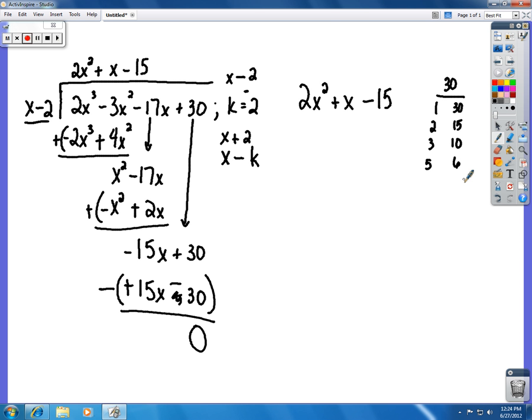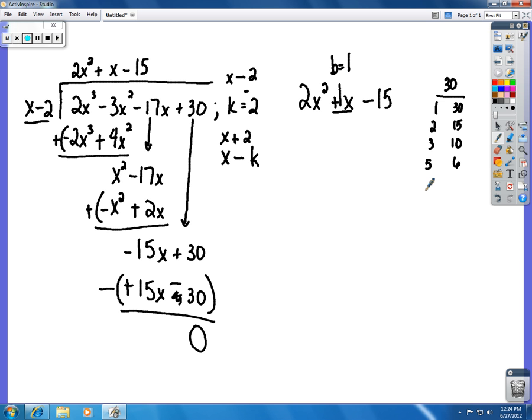Now I need to find a way to combine one of these pairs using addition and subtraction to get a single x, or to get b, which in this case b is 1, right? Because that's technically the coefficient that's in front of the x term. So I want to find a way to combine a pair of these factors using addition and subtraction to get 1.